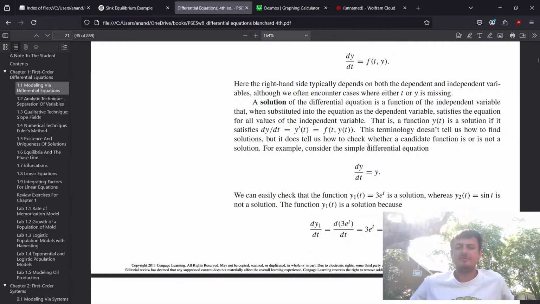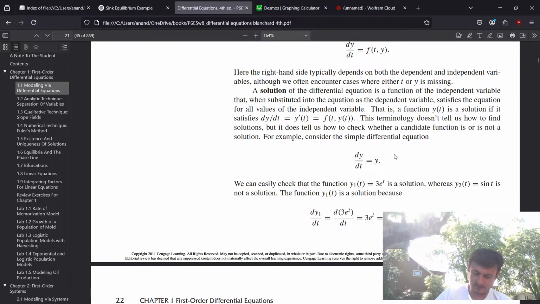As a function of the independent variable, when substituted in the equation. Okay, so this is worth solution checking.